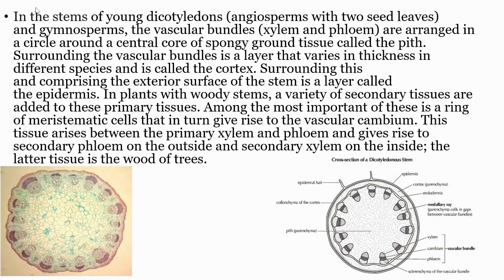In plants with woody stems, a variety of secondary tissues are added to this primary tissue. Among the most important of these is the ring of meristematic cells that in turn gives rise to the vascular cambium. This tissue arises between the primary xylem and phloem and gives rise to secondary phloem on the outside and secondary xylem on the inside. The latter tissue is the wood of a tree.